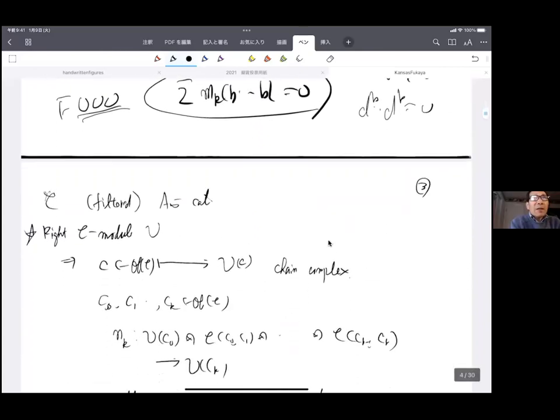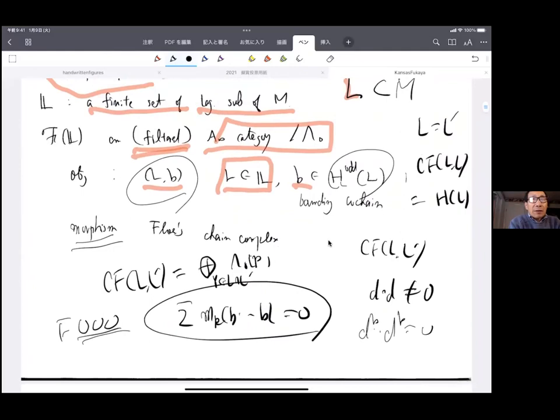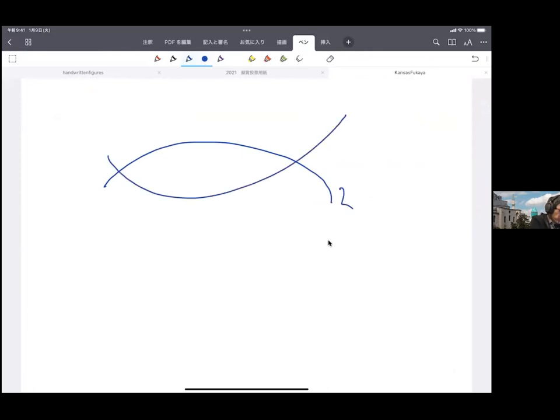Could you please say something about how the deformed d with b is related to the differential? Okay, yeah. You have two Lagrangian submanifolds, L and L prime. Then for the boundary, you have p and q, and the coefficient is just the number of such disks. That is the usual Floer definition.